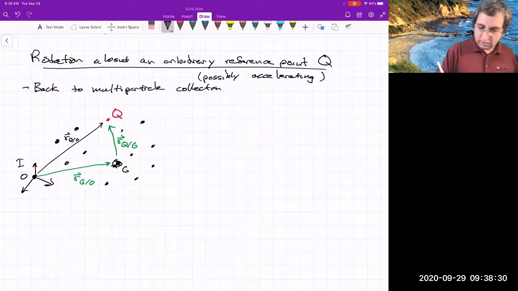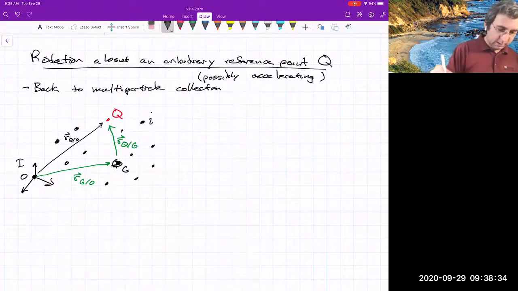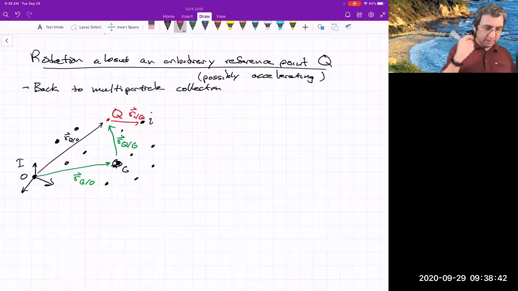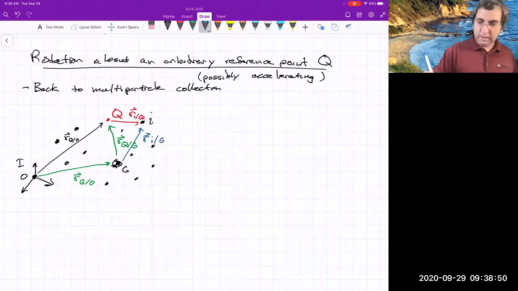And then there are particles, like particle I. So here is the location of particle I with respect to Q. And then maybe we've also got the location of particle I with respect to G, and so on.